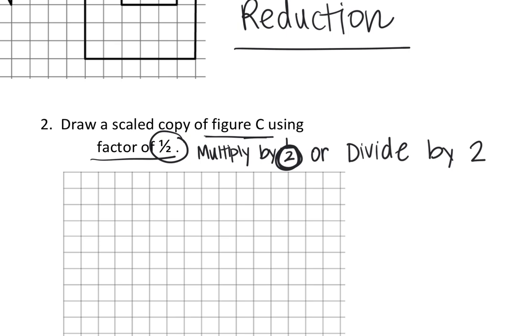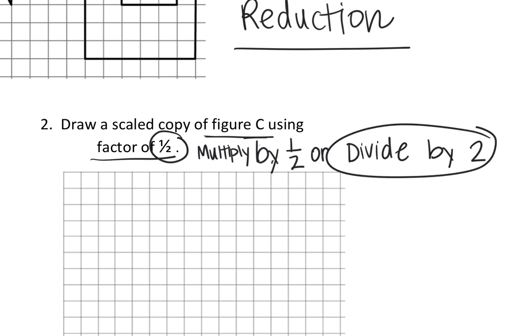Okay, so you have options there that you can look at, and whichever you feel most comfortable with, that's the one that you should go by. So do as you wish. You'll still get the right answer. I'm going to divide by 2 all of the sides, just because I like to do division, and in my head it's just easier than having to plug it in my calculator.